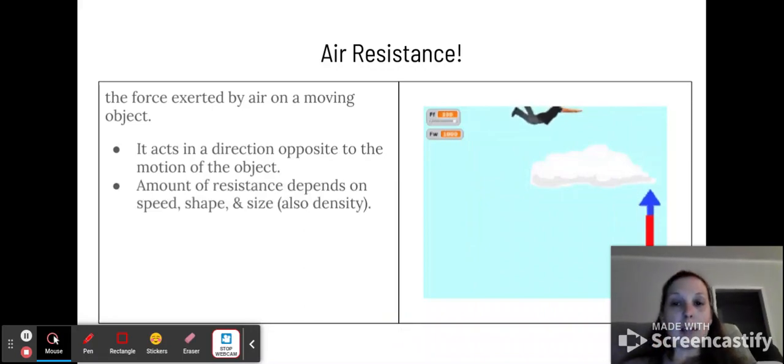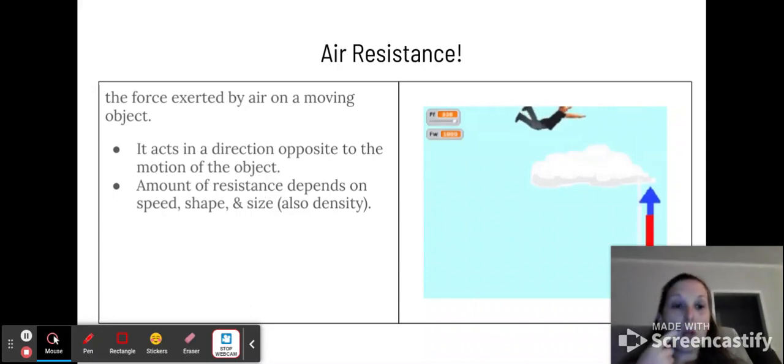There are some things that will change the amount of resistance placed on an object, and that's speed, shape, and size. With size, we can also consider density. I like to say, the bigger the object or the more space it takes up, not necessarily the weight, the more air resistance will occur, which tends to slow down an object.